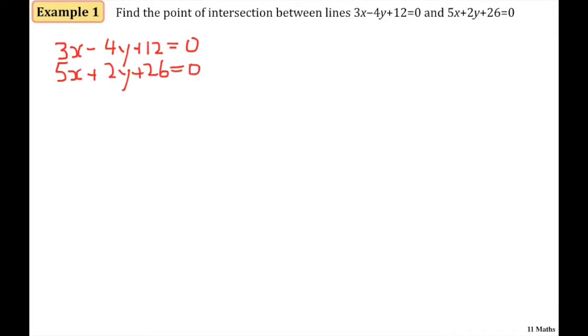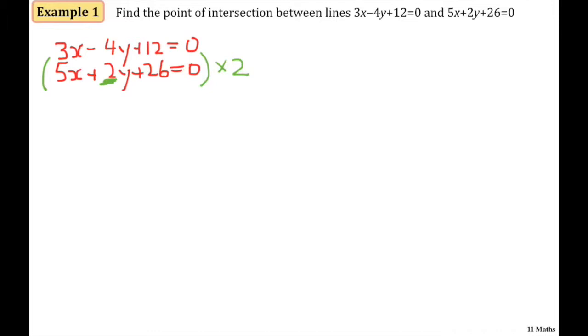Now I can't eliminate those in the form that they're currently in because I don't have the same coefficient in front of either the x's or the y's. So what I'm going to choose to do is look at the second equation and multiply it by 2. If I multiply the 2y by 2, I'll get a 4y, then both equations will have 4y's in them. I'll be able to eliminate the y's.